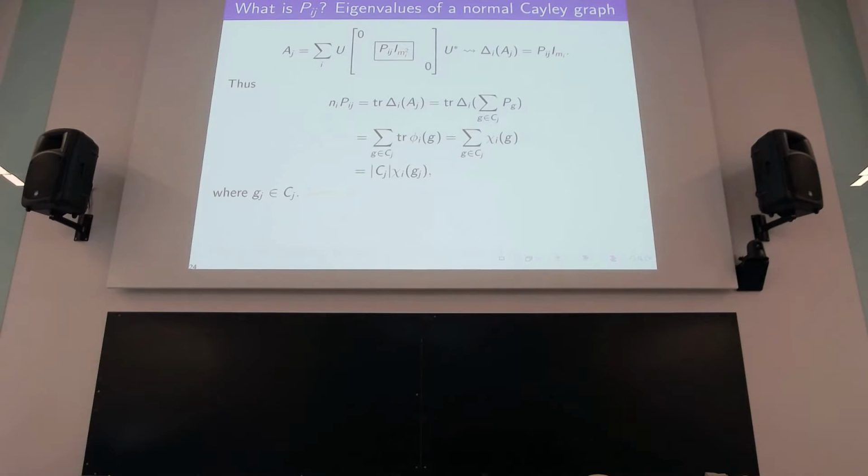But this Aj is the sum of the permutation matrices over the jth conjugacy class.